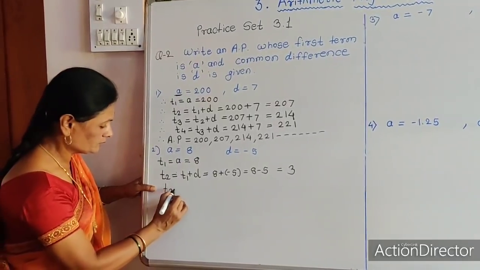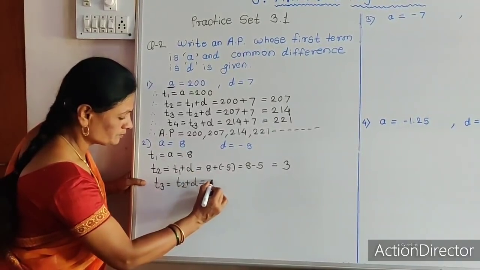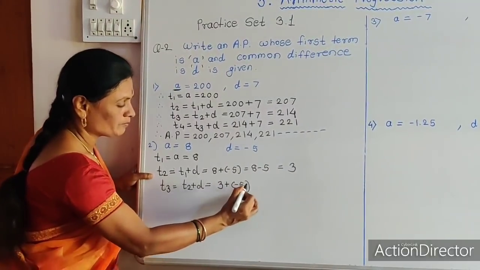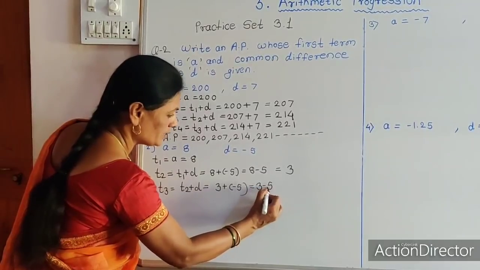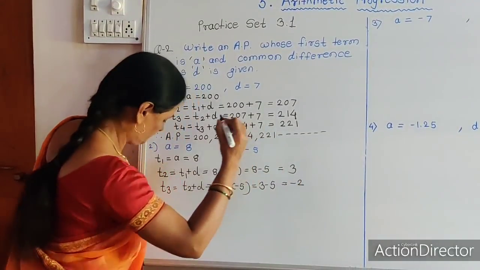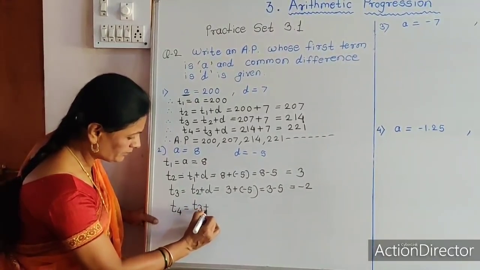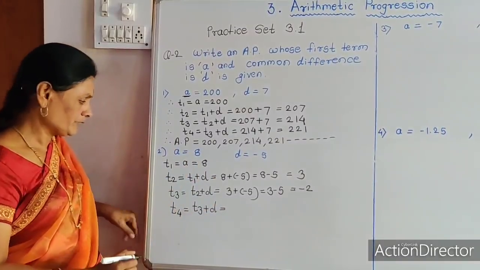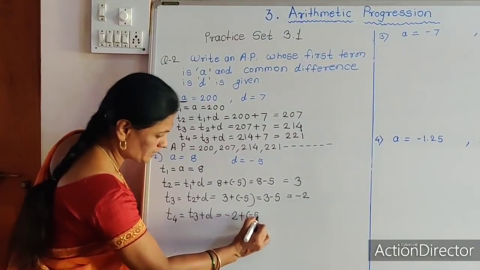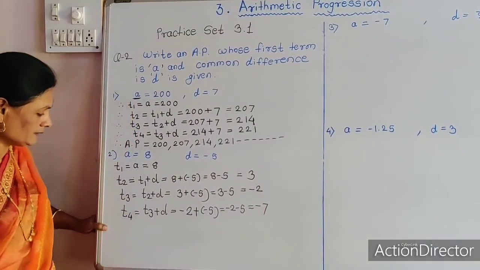T3 is equal to T2 plus D is equal to, T2 is 3, plus minus 5 is equal to 3 minus 5, that is minus 2. Now, T4 is equal to T3 plus D is equal to, T3 is minus 2, minus 2 plus minus 5 is equal to minus 2 minus 5 is equal to minus 7.